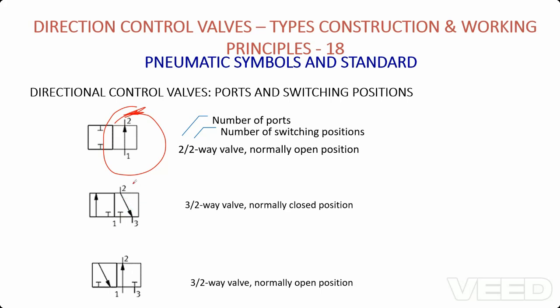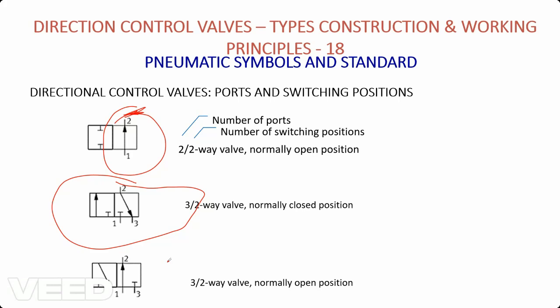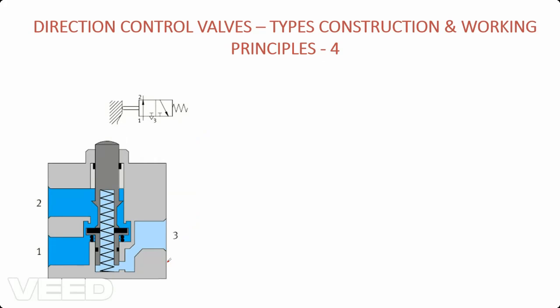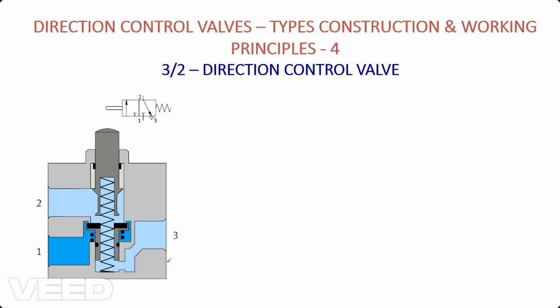If the arrow direction is not showing top, as in our second diagram, it means closed position. Sometimes we will be using open position components and sometimes closed position components, depending upon the type of application. We can use a 2 by 2 normally open component, a 3 by 2 normally open component, or a 3 by 2 normally closed component. So let us see how it actually works in the animated video.